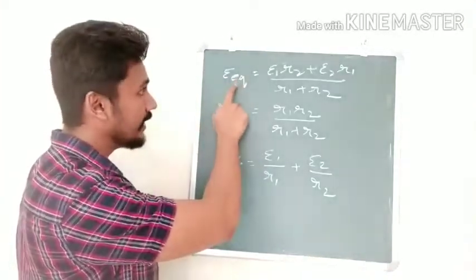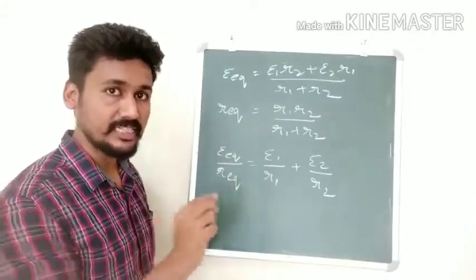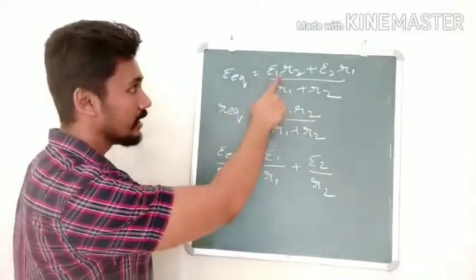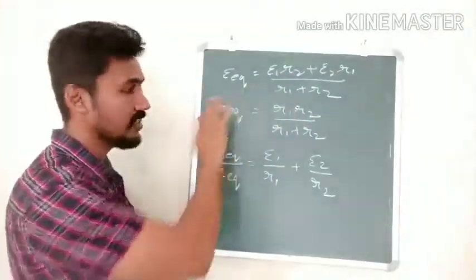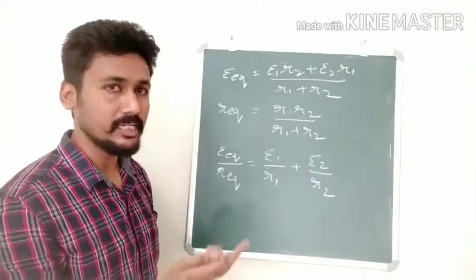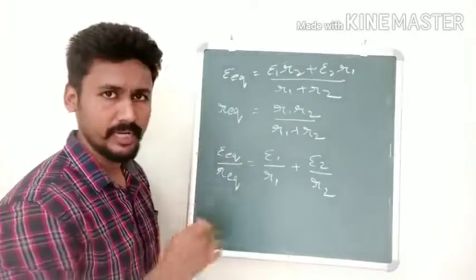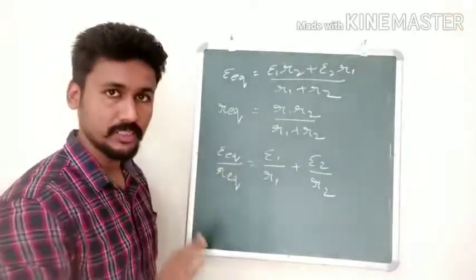These formulae you have to remember for equivalent EMF for cells connected in parallel: (E1 R2 + E2 R1) / (R1 + R2). We have solved it for only two cells. If we connect a third cell and a fourth cell, we would still be able to get the equations. They'll be a little bit more complicated. But I hope this one was understood.